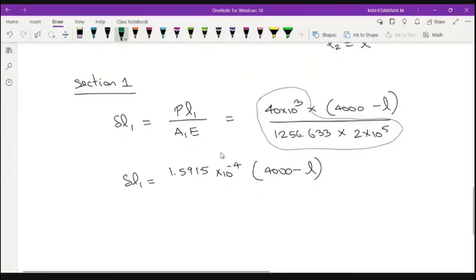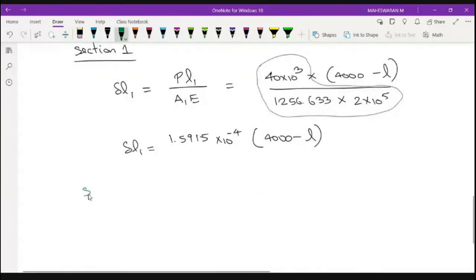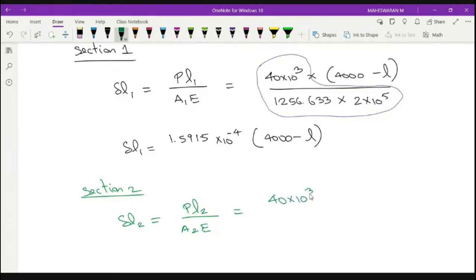Let me proceed with the next section, section 2. Del L2 is equal to PL2 by A2E. So P is again 40 into 10 power 3. L2 is L here.